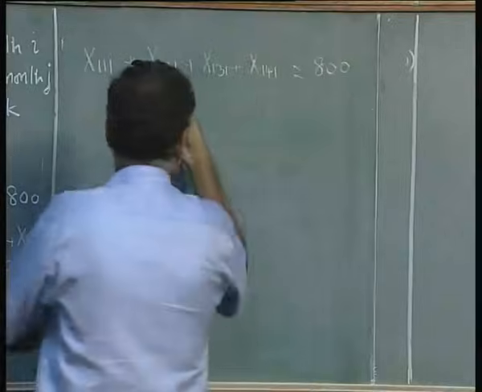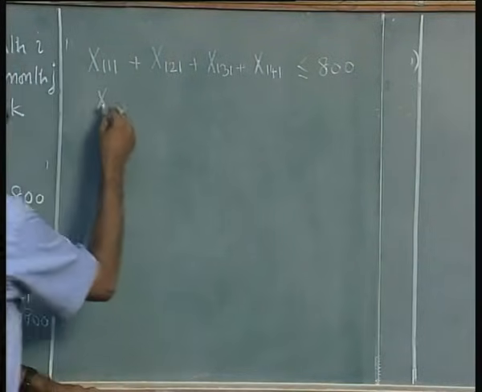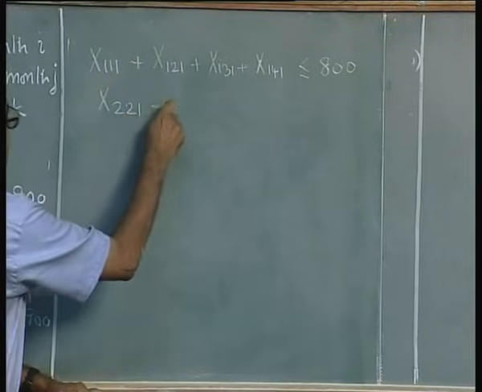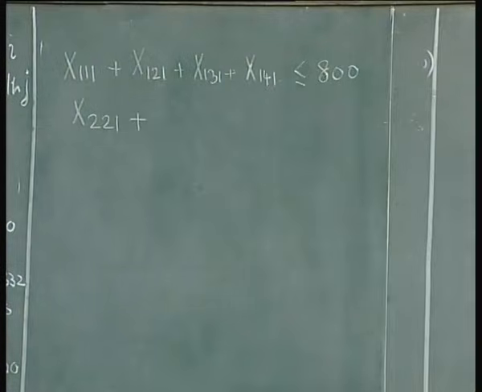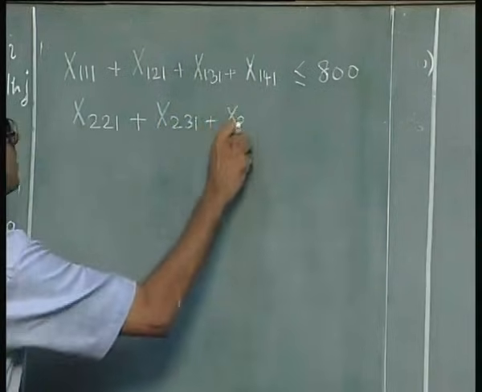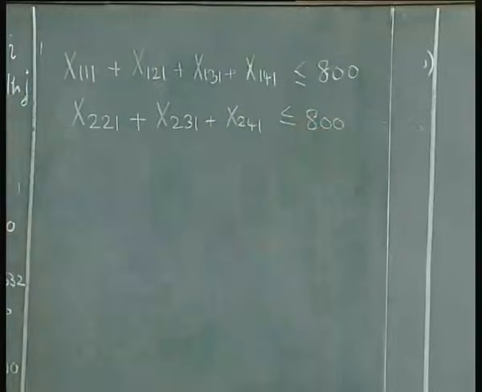Now, as far as the second month's regular time is concerned, you have x produced in the second month to meet the second month's demand by regular time. So, in this case i will be 2 because you are producing in the second month, k will be 1, you are using regular time production, j will be 2, 3 or 4. So, you will have x221 plus x231 plus x241 should be less than or equal to 800.